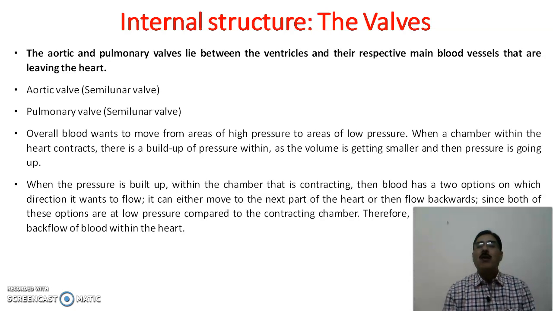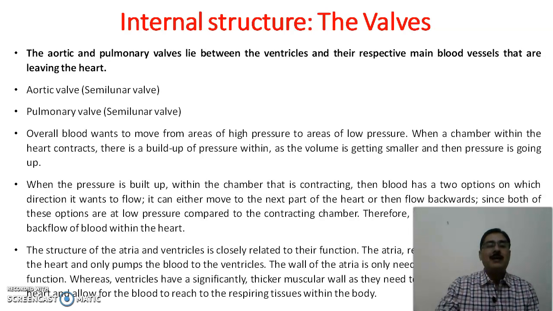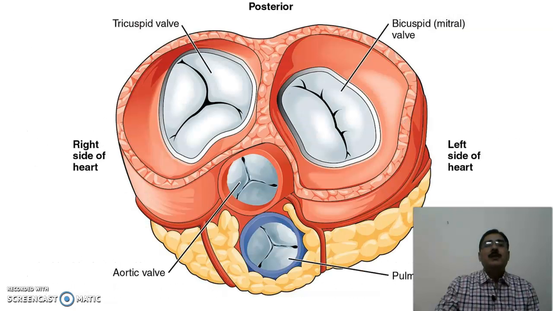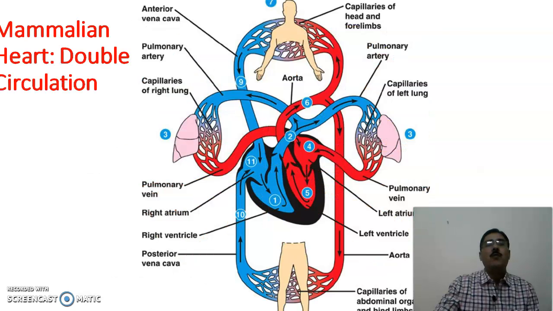So the blood always moves forward, never backward, due to the presence of these valves which only allow the unidirectional flow of the blood. This is the position. You can easily observe the tricuspid valve, clear-cut three cusps are there, and the bicuspid with clear-cut two cusps. And just like the tricuspid valve, you can easily observe the aortic and the pulmonary valve.